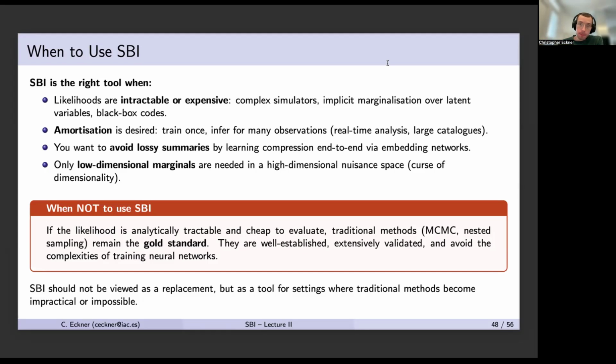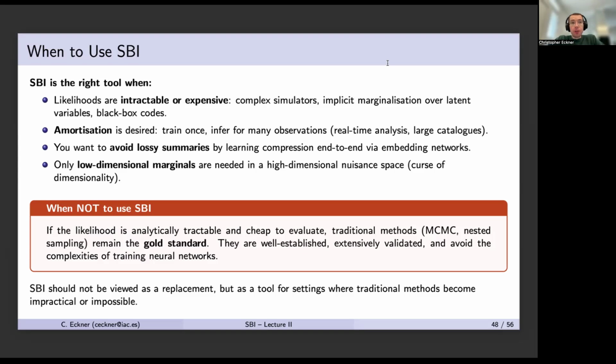If the simulator is complex, it might take a lot of time, so even there you are limited. However, in that situation, there is a clear case for using simulation-based inference. Also, if you need amortization, then certainly this is the way to go, because this is the only way you obtain amortization and you can have a real-time analysis for many different cases or observations you might have.